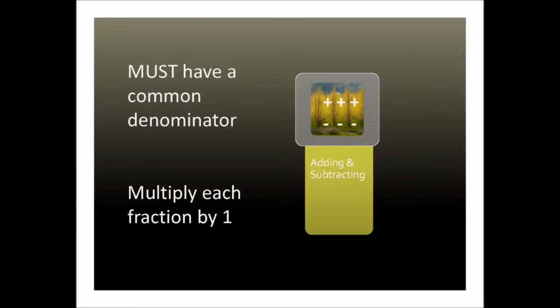One of the things that I think is the hardest for students to remember how to do is to add and subtract fractions. Make sure that you remember that you must have a common denominator when you're adding and subtracting fractions. Be sure to include some instructions on how to complete that process when you turn in your submission.